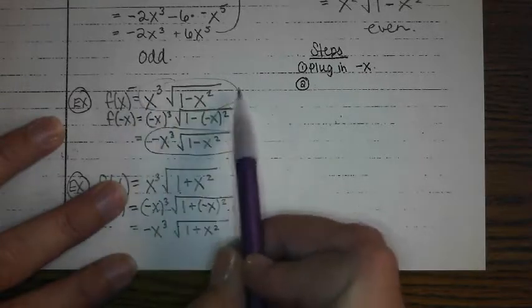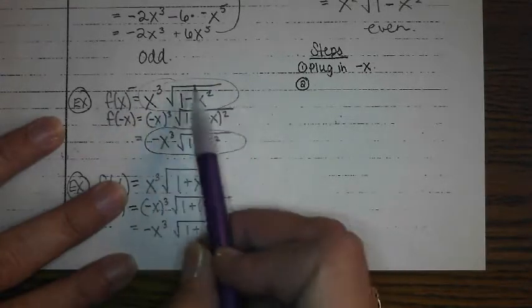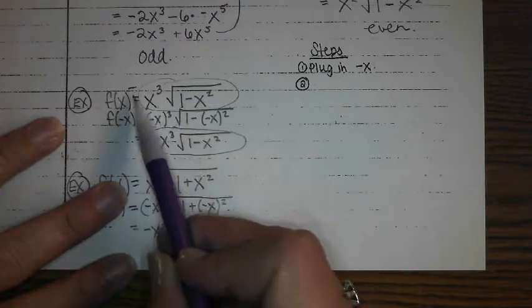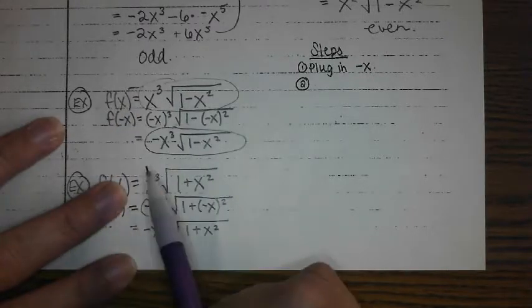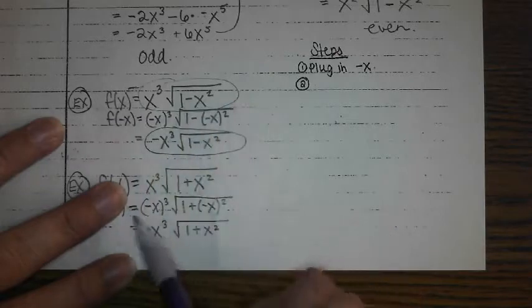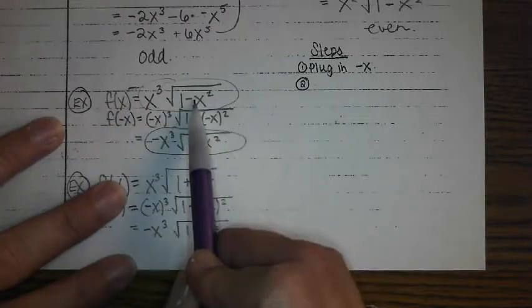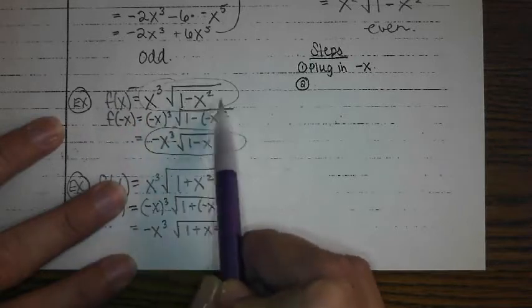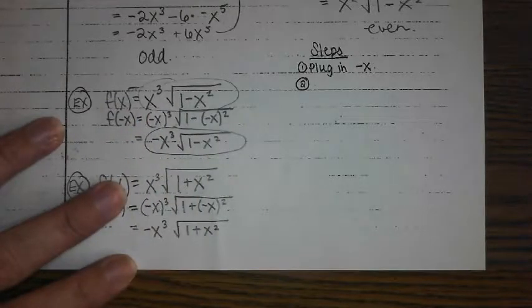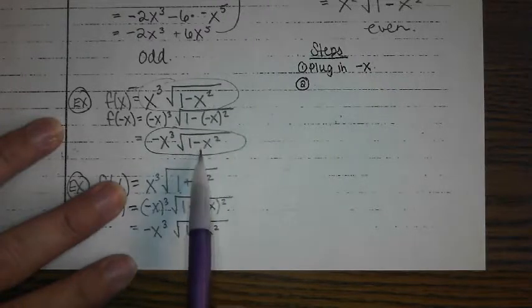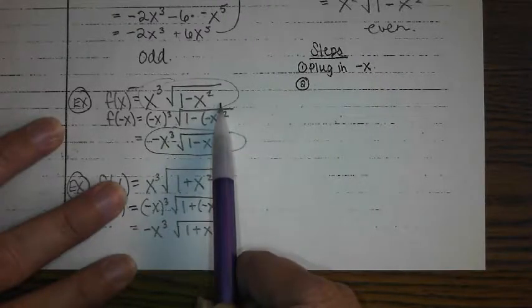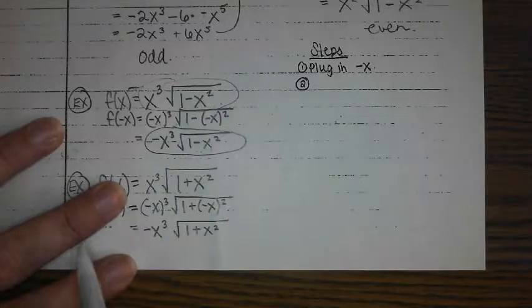If I were to kind of check, if I were just negating this and taking the opposite of this, so I threw a negative out in front, how would I simplify that? Do I distribute the negative inside the radical? Or is the negative just out in front and then what's underneath the radical stayed the same? Yes? So this is exactly opposite of the original. This is an odd function.